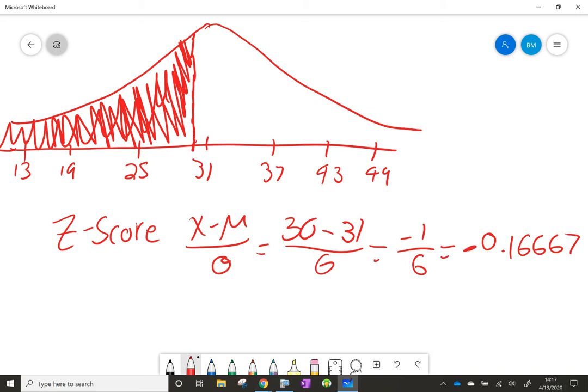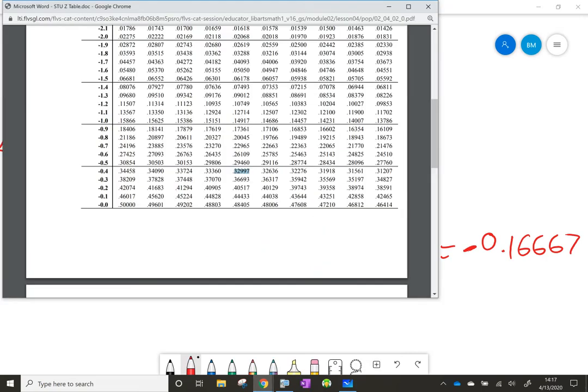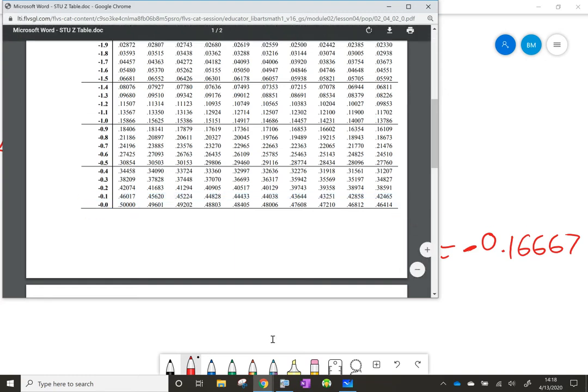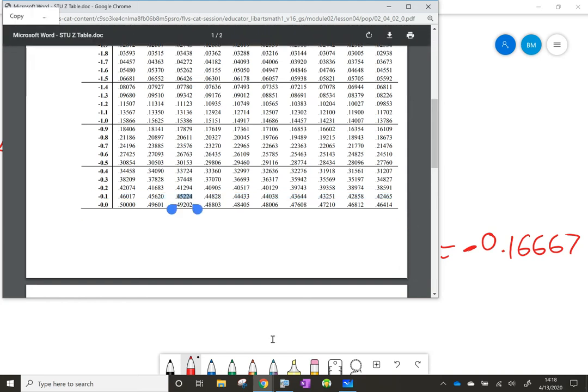So now we're looking at that on our z table. So we have to go to this table again, and -0.1 down here. This would be 0.11, 0.12, 0.13, 0.14, 0.15, 0.16, 0.17.